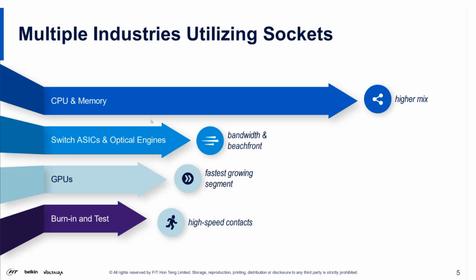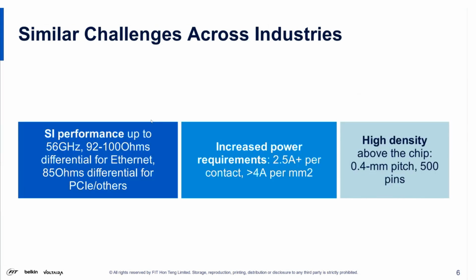Even more recent is a transition away from direct attach of GPUs, APUs to socketing your GPUs. And then the other one that's been out there for a number of decades, for more than 20 or 30 years, are sockets used for burn-in testing and test sockets using pogo pins.